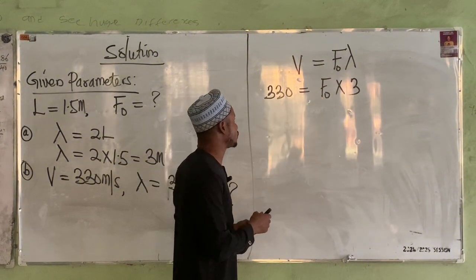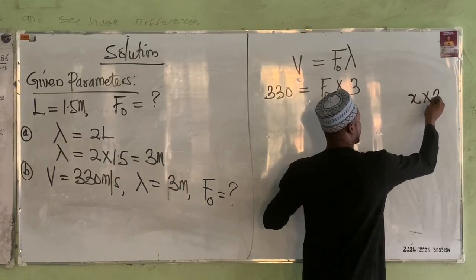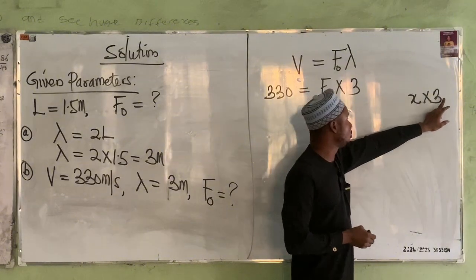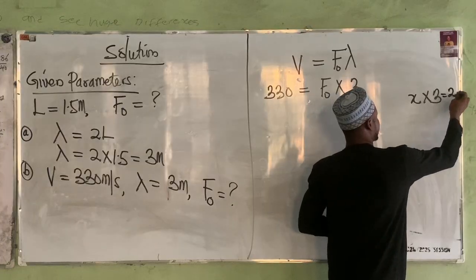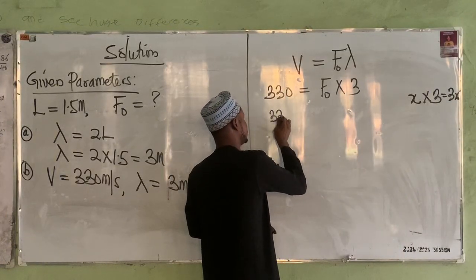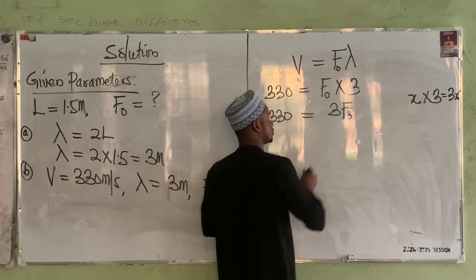So class, if I have something like this, S times 3, what will be the answer here? S times 3 is what, class? The number will come first, right? So this will give us 3S. So the same thing here, I will have this to be 330 is equal to 3F naught.